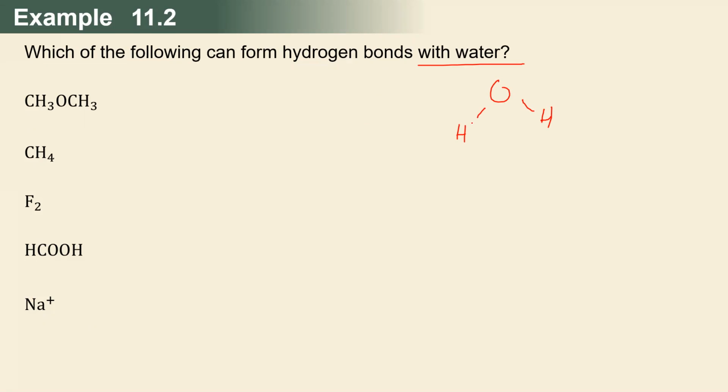And so he can interact with oxygen, nitrogen, or fluorine. And so this first one, this is dimethyl ether. Can he have hydrogen bonds with water? Yes or no? Yes, because he's got an oxygen, so we can have a dot, dot, dot to our water.